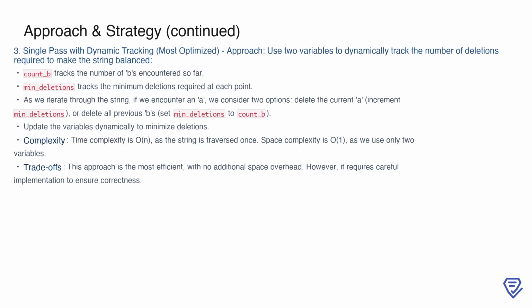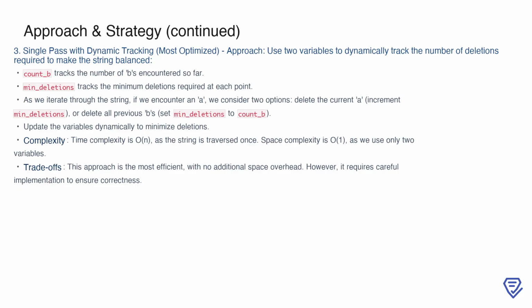Building on the prefix-suffix idea, we then developed a single-pass approach with dynamic tracking, which is even more efficient. Instead of using arrays, we rely on 2 variables. The first, count_b, keeps track of the number of B's encountered so far in the string. The second, min_deletions, dynamically records the minimum deletions required at any point.